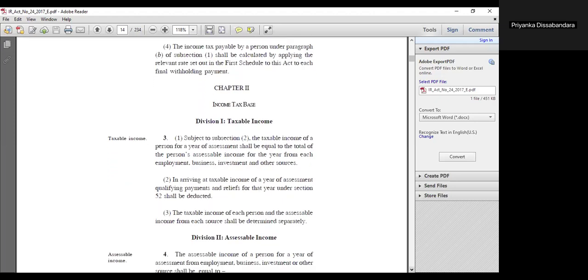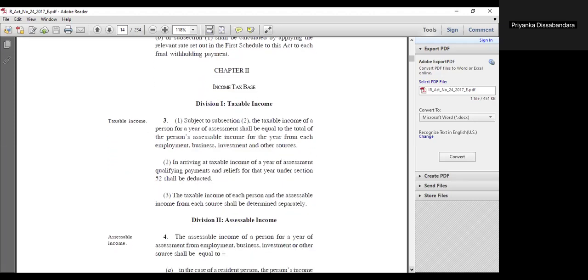If you read this, normally these are legal terms and legal drafting, therefore it is a little bit difficult to understand the drafting method. So it says subject to subsection 2, the taxable income of a person for a year of assessment shall be equal to the total of the person's assessable income for the year from each employment, business, investment, and other.